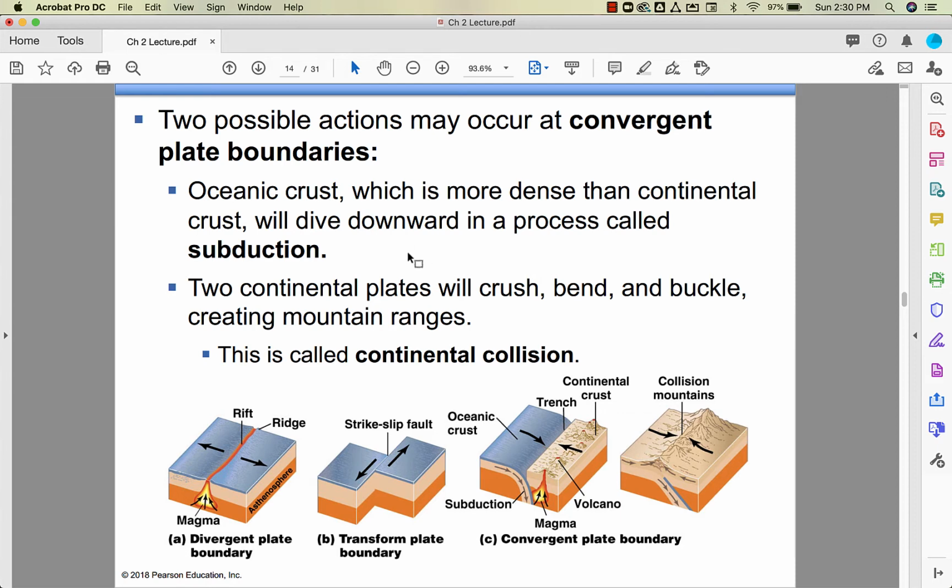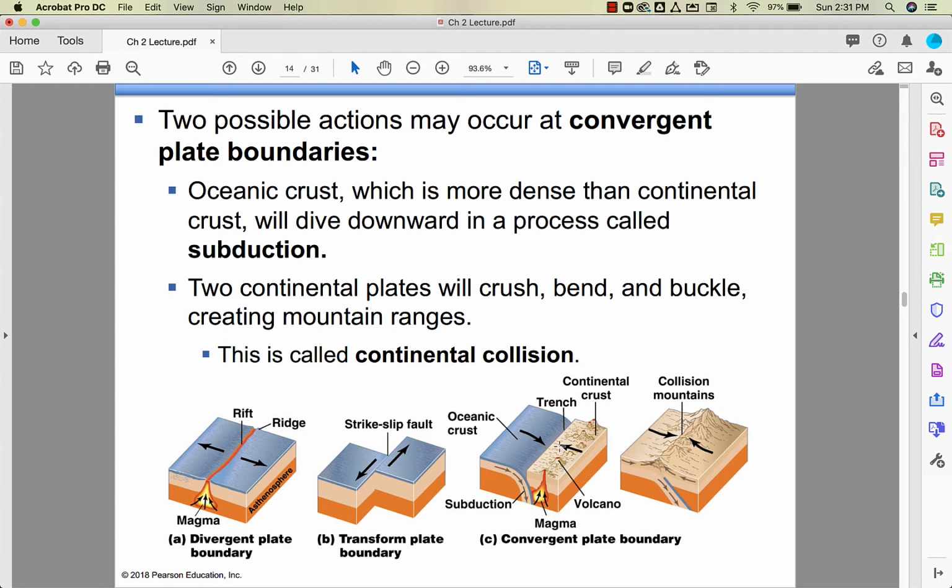When you have 2 pieces of oceanic crust coming together, whichever one is more dense, so typically the one that's older and colder, is going to be pushed underneath back down into the asthenosphere in a process called subduction.